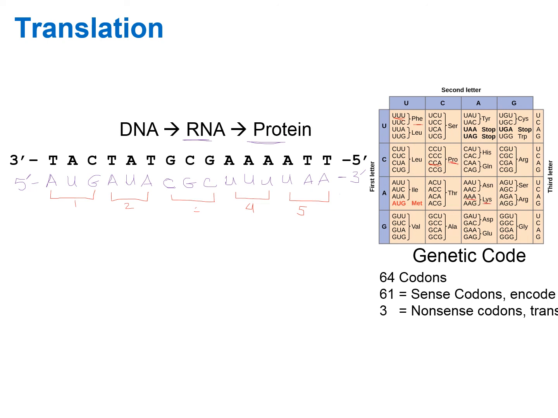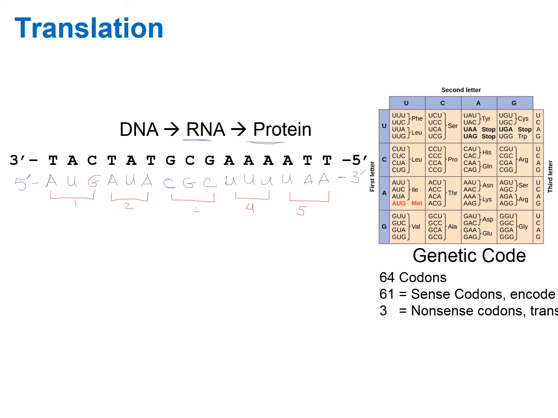So again, your genetic code relates codons to amino acids. So what we should be able to do is take the codons from our table and figure out what the amino acids are.